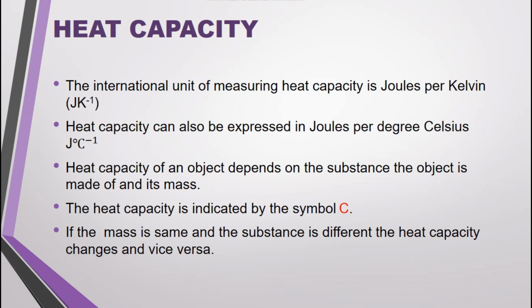For example, you saw that the water with the smaller amount started to increase in temperature first compared to the water with double the amount. The reason for that is the mass. And when you compare water and oil, it was the same mass, but because they are two different substances, the heat capacity changed. The symbol for heat capacity is capital C.